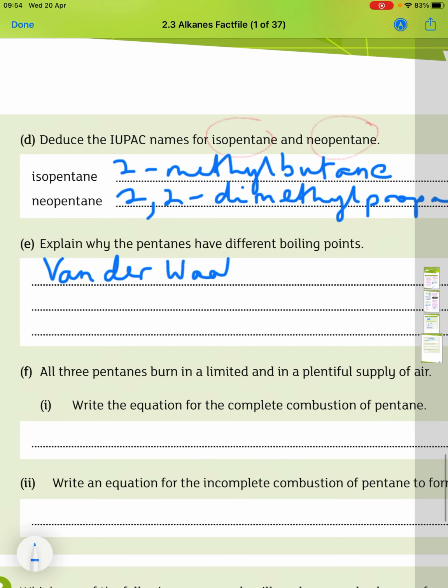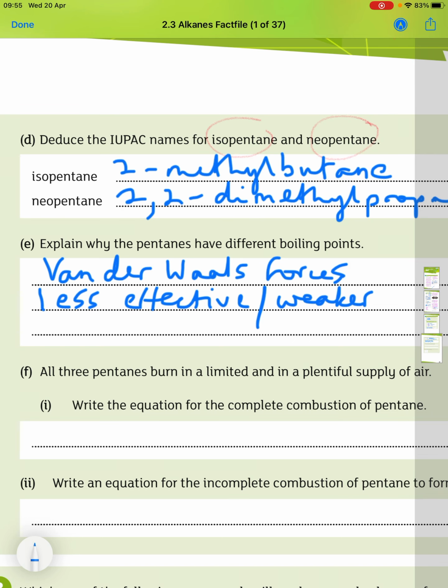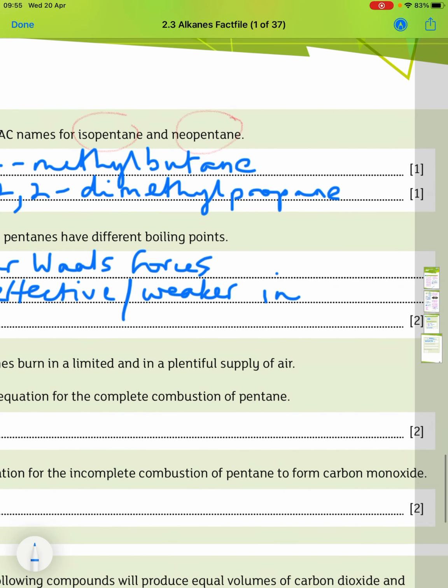Now explain why the pentanes have different boiling points. Well, the boiling point is affected by van der Waals forces. We're going to say they're less effective or weaker in branched structures.